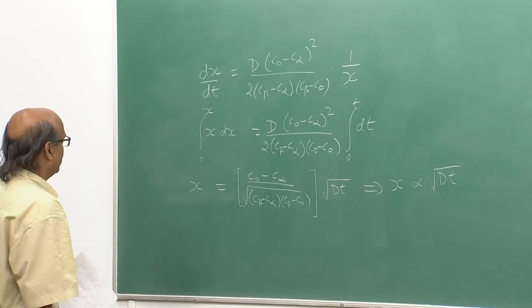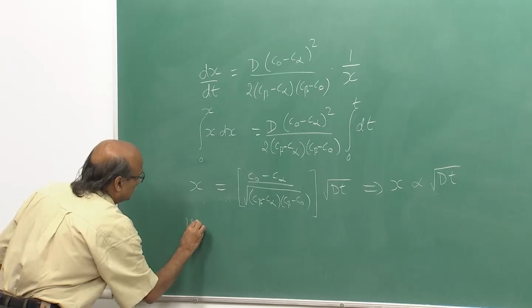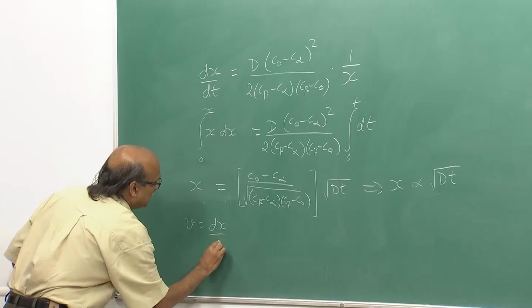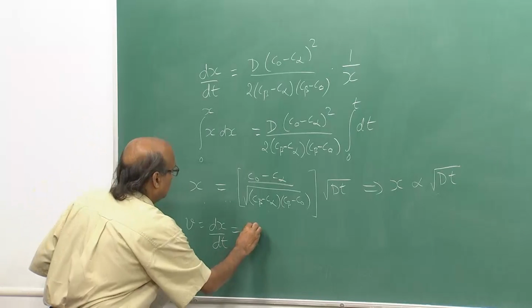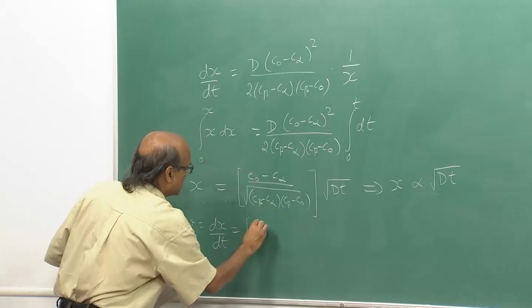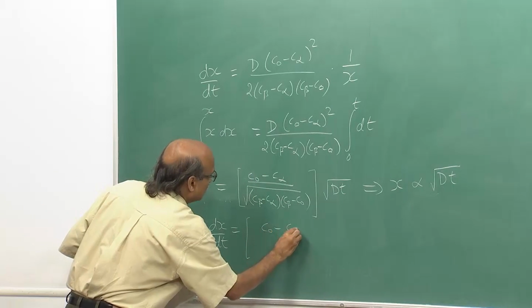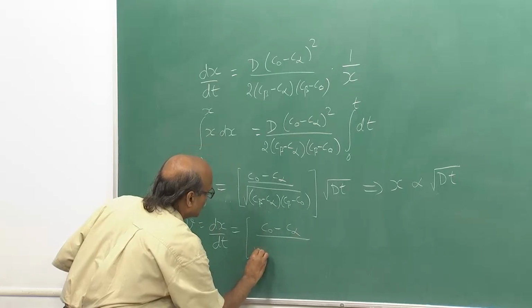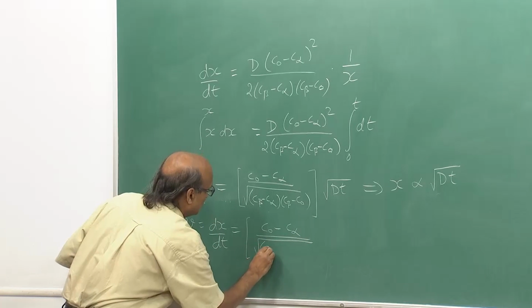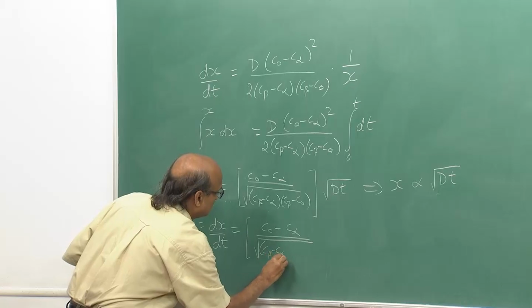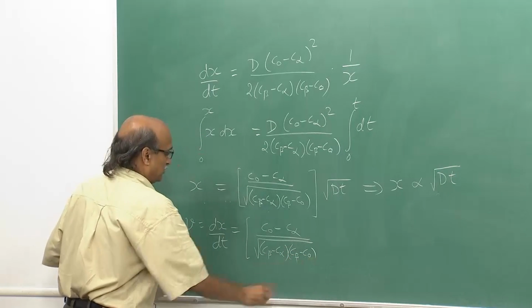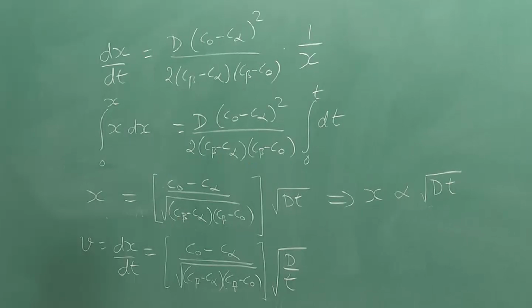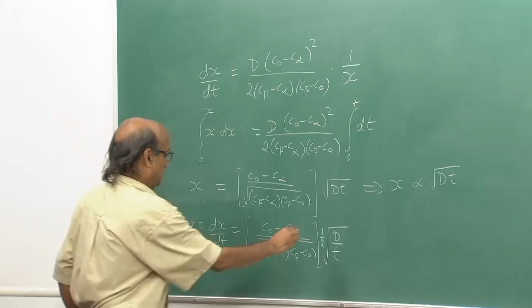And now, if I look at velocity, which is dx by dt, that would be the same constant term, (C naught minus C alpha) upon square root of (C beta minus C alpha) times (C beta minus C naught), times square root of D by t.